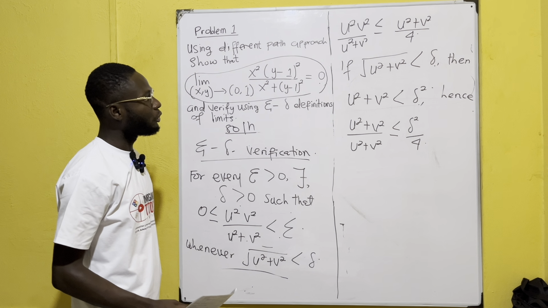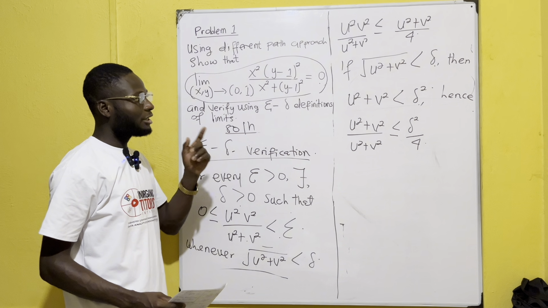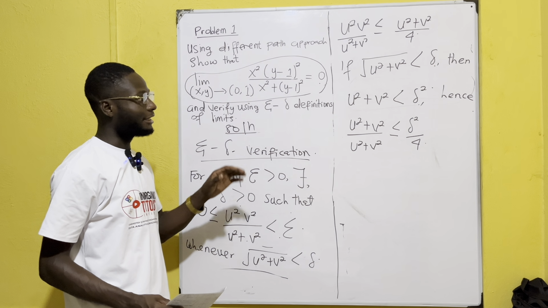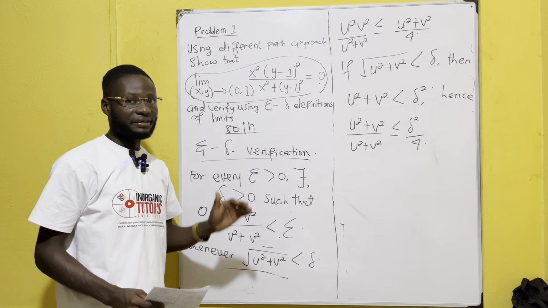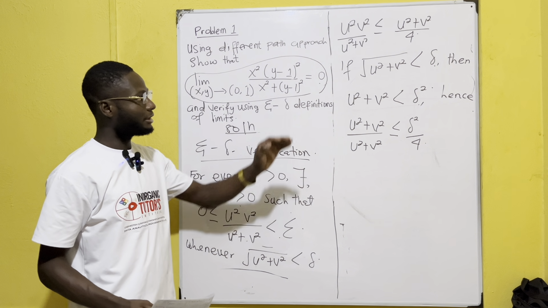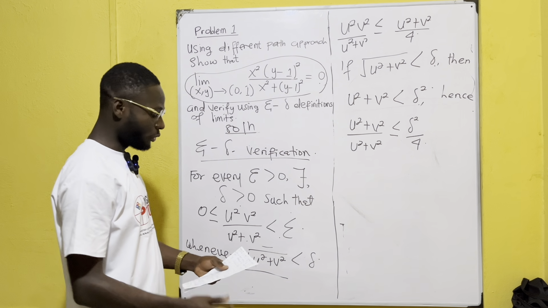I'm basing this on the identity that I used right after the different path approach. I'm trying to use that identity here.